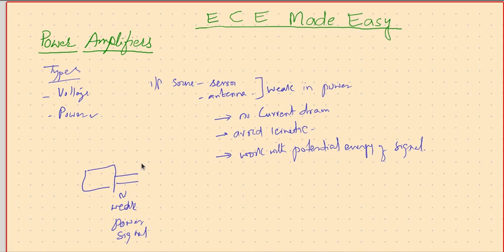So the first thing is to amplify it, and while amplifying, one thing we should ensure is that only the voltage part should be taken to amplify, not any current. That means looking from this side, we should have a very high impedance.